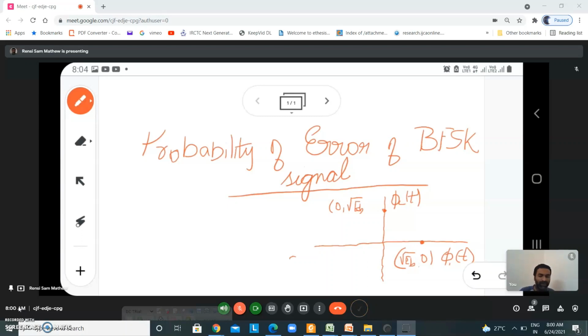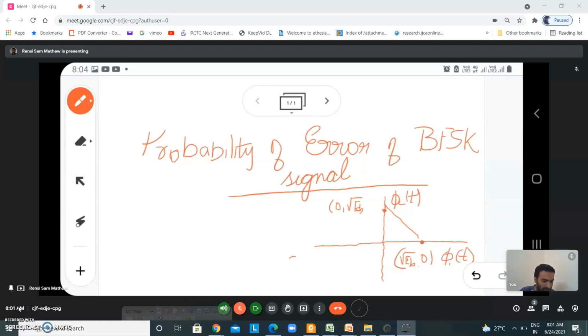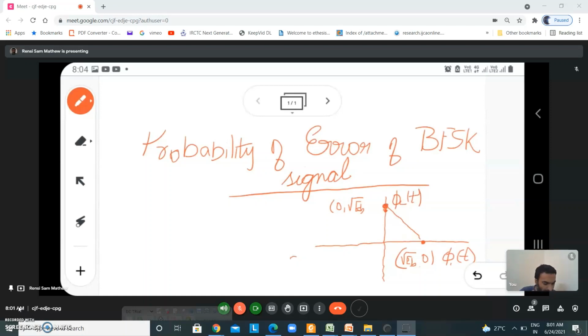And how do you find the decision boundary? You draw the line joining both of them, and the perpendicular to that.